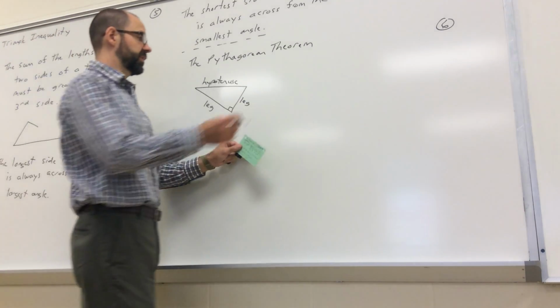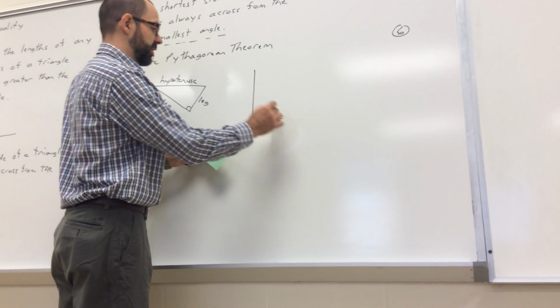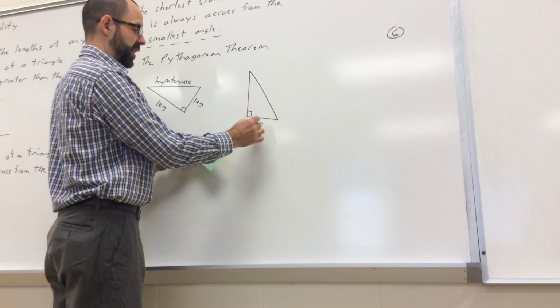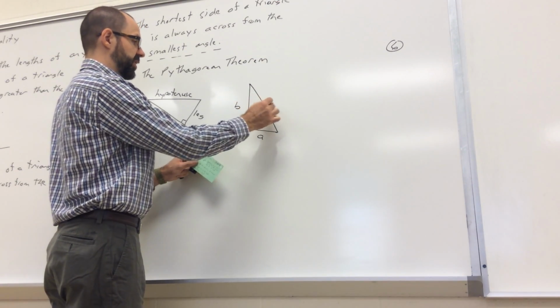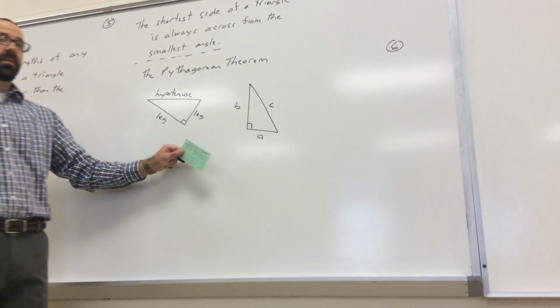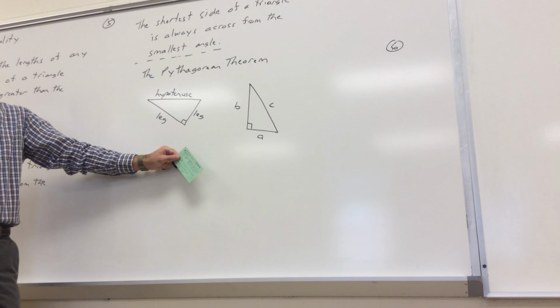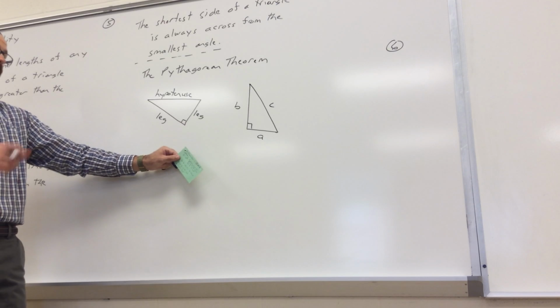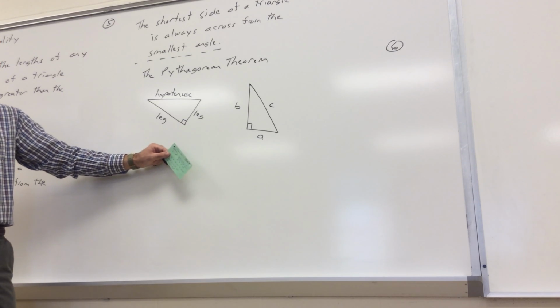And sometimes, instead of calling them legs and hypotenuse, we call them A and B and C. So often C stands for the hypotenuse, and often A and B stand for the legs.